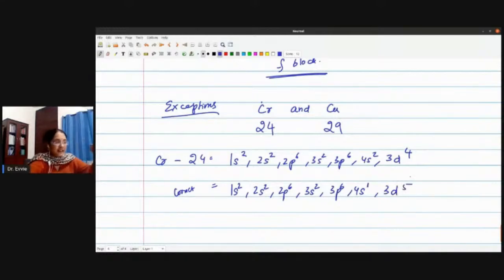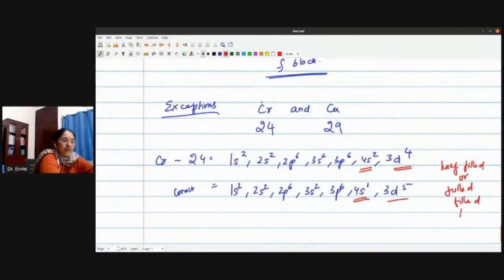This is one major exception. Here, these two will change. This will become 1 and this will become 5. Why is that so? That is because any shell which is half filled or fully filled will give extra stability.